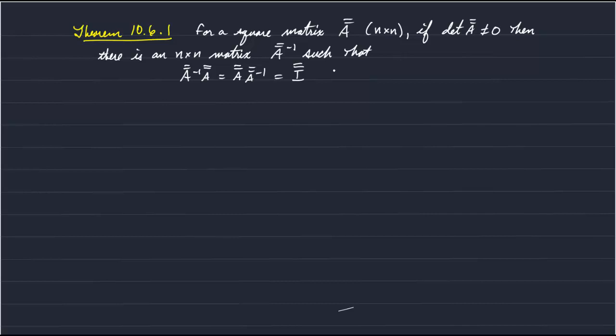So that matrix, A inverse, or A to the minus 1 power, is the inverse matrix, and A is said to be invertible.